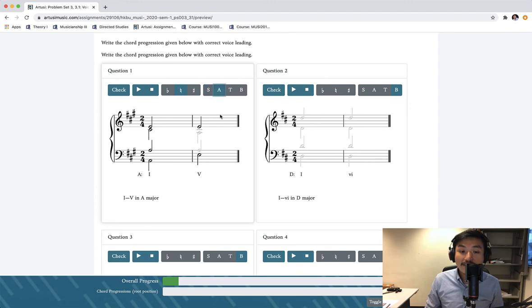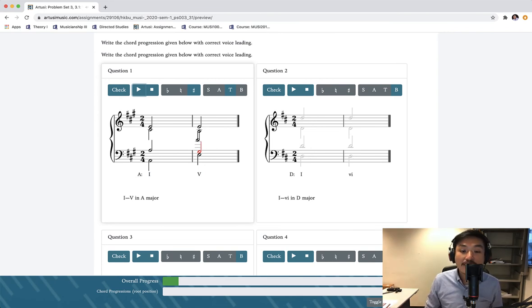So the alto, for example, you can have it move to a B. Let's start with that, and then A in the tenor goes to G sharp. At this juncture, you can play it, of course, and then what you want to do is check your perfect consonances.